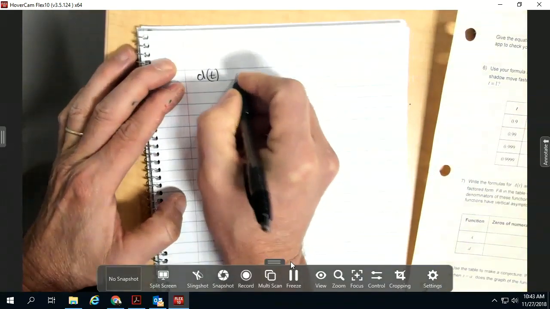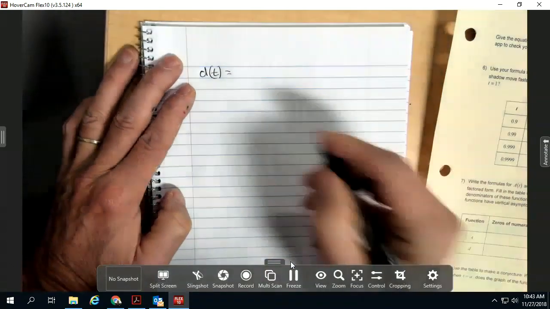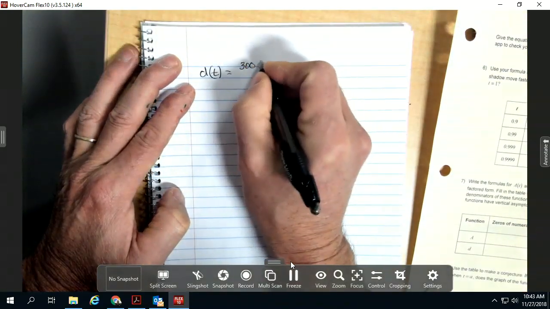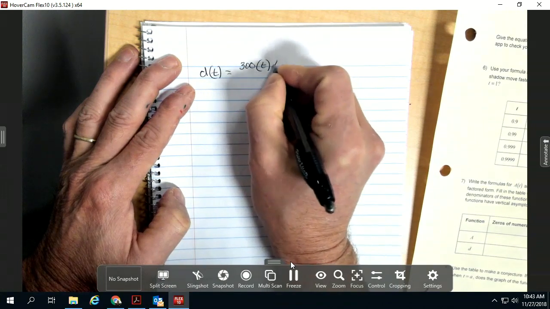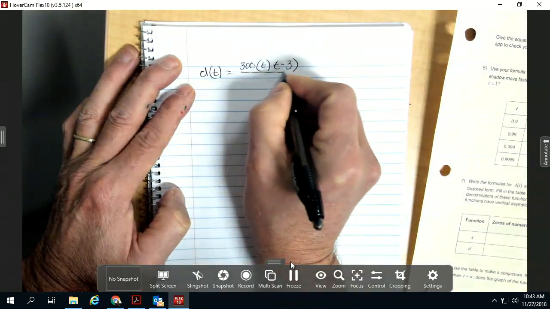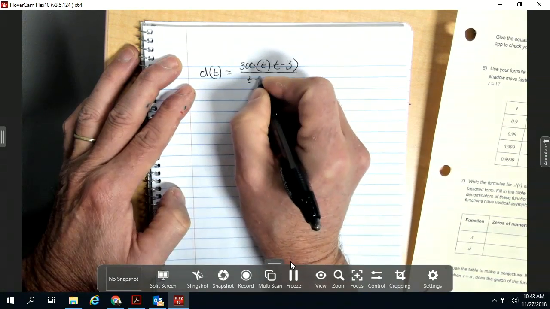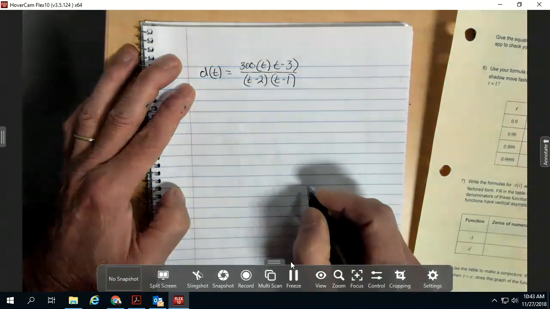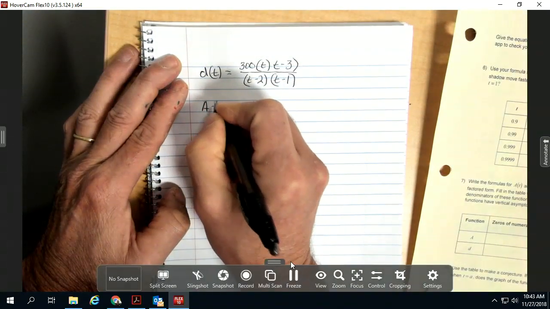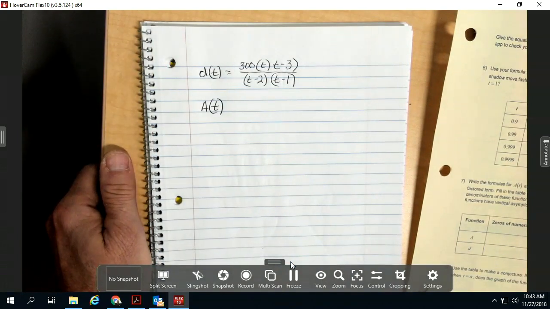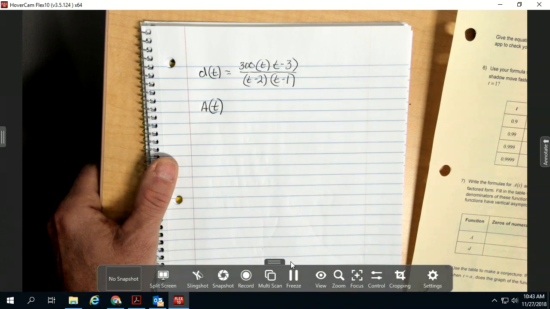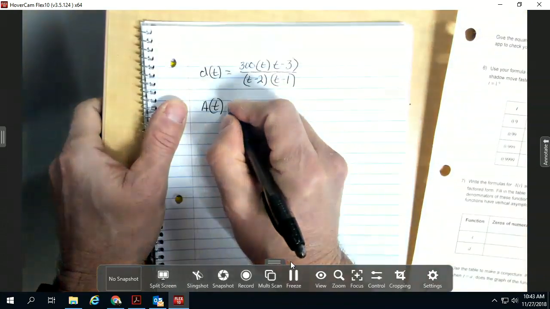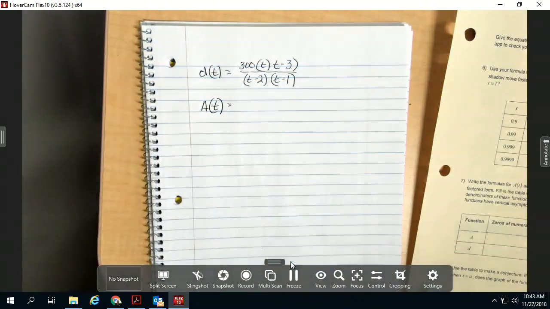D as a function of t was 300 times t minus 3 over t minus 2 times t minus 1. A of t we wrote as, where was that?